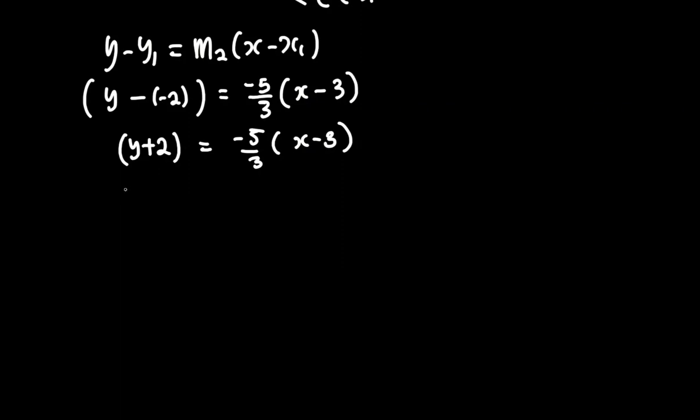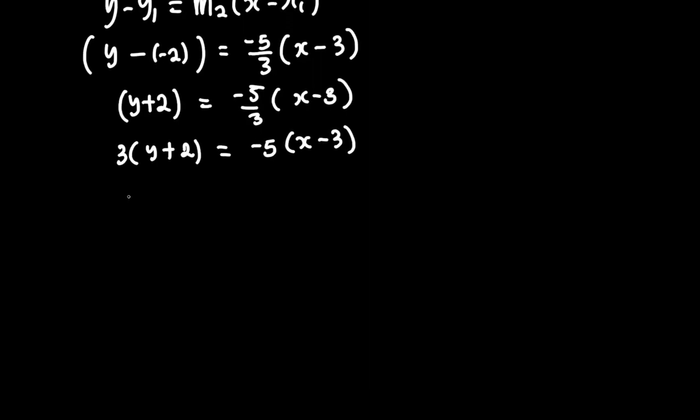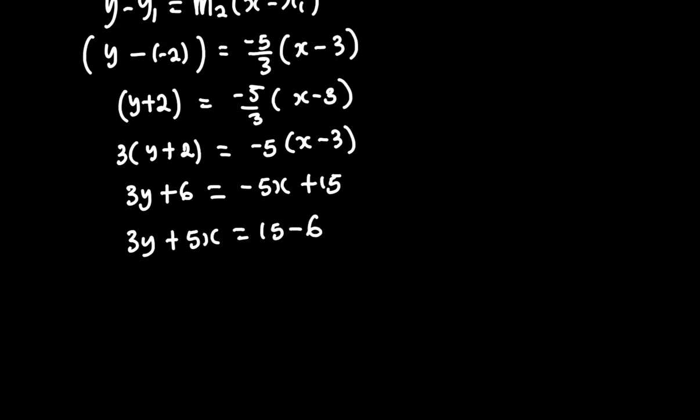Cross multiplying, we have 3 into y plus 2 is equal to minus 5 into x minus 3. Expanding and simplifying further, we have 3y plus 6 is equal to minus 5x plus 15. Then rearranging it, we are going to have 3y plus 5x is equal to 15 minus 6, which is 3y plus 5x is equal to 11.